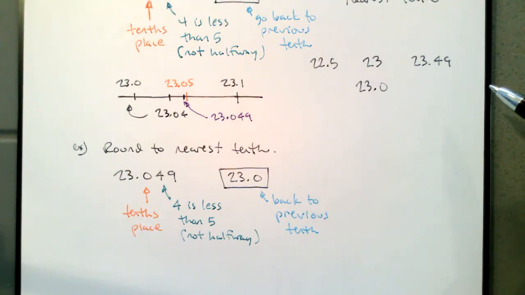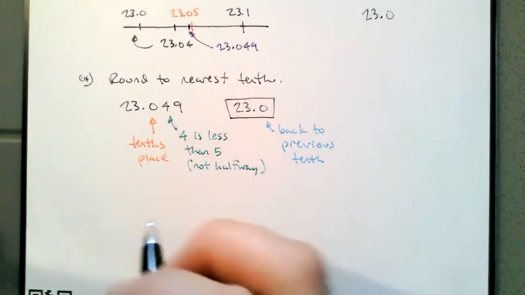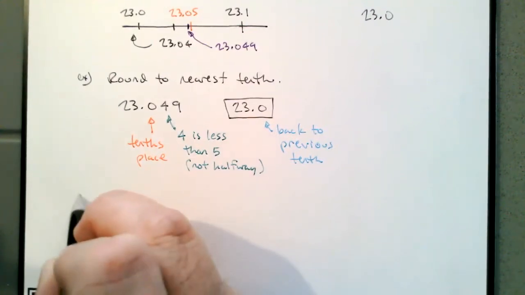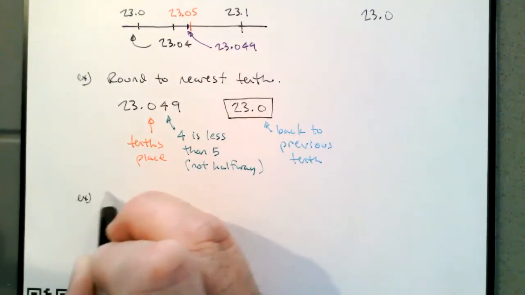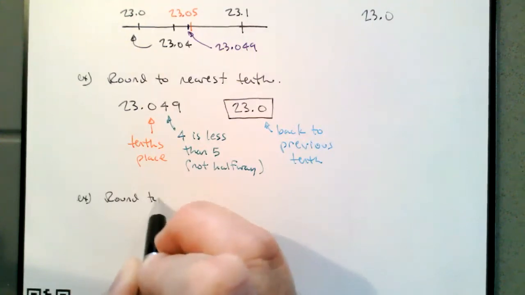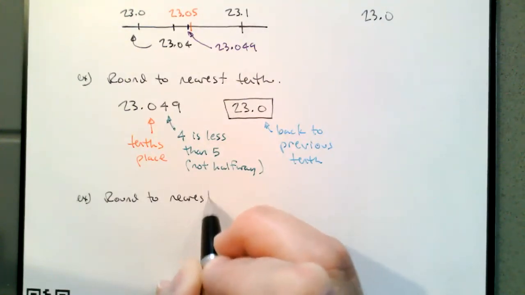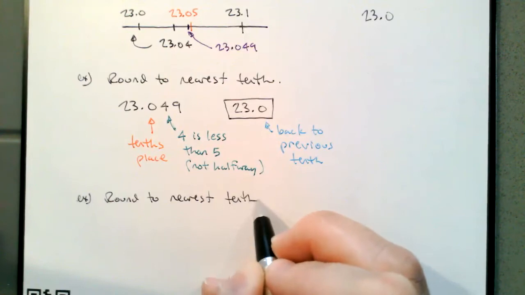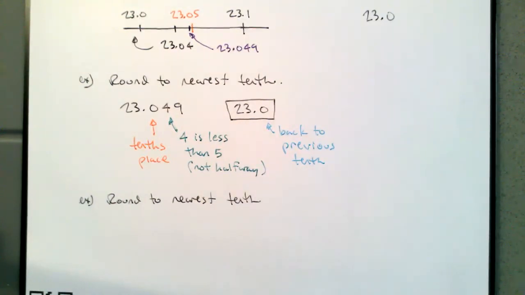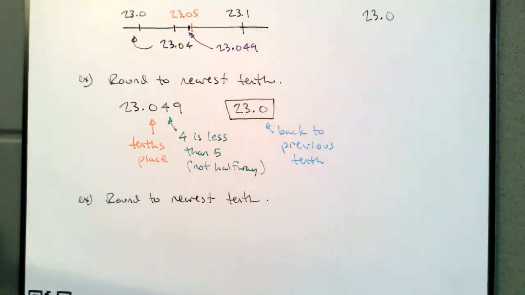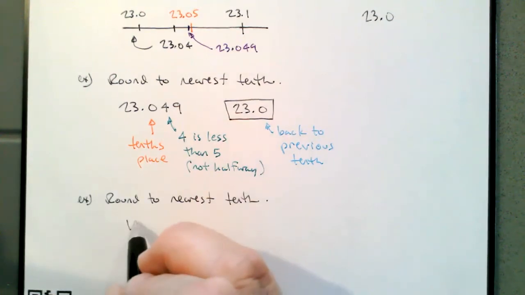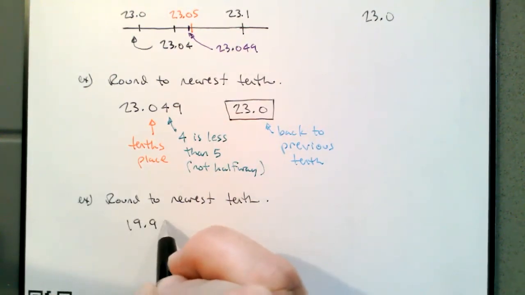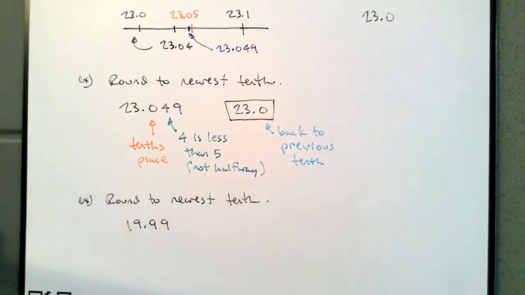The other place that we have to make this decision is if we get a number that's with a bunch of 9s, right? So if we want to round to the nearest 10th, sometimes we have difficulty doing this because we feel like we're changing too much of the number. So if I'm like, oh, 19.99, and we want to round this to the nearest tenth.